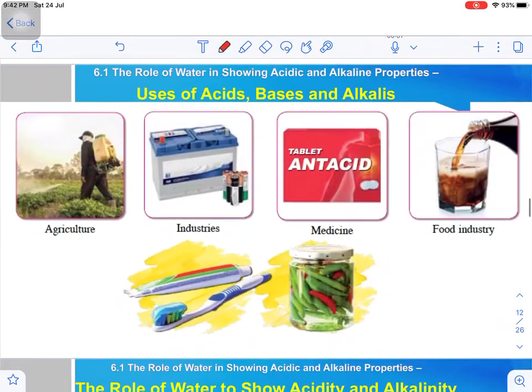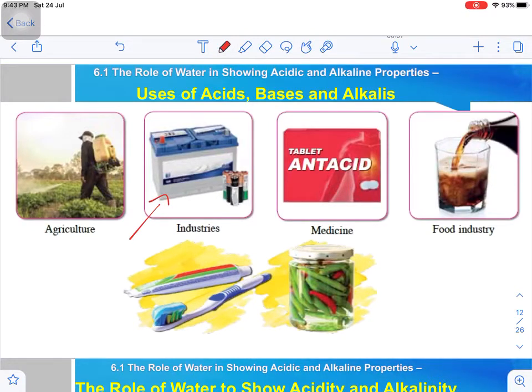Okay, uses of acid, base, and alkalis in agriculture. Fertilizer consists of salt. And as you can see, if the soil is too acidic, like a paddy field, normally we add a base to neutralize the acidic soil. And then in industry, this one is a car battery.